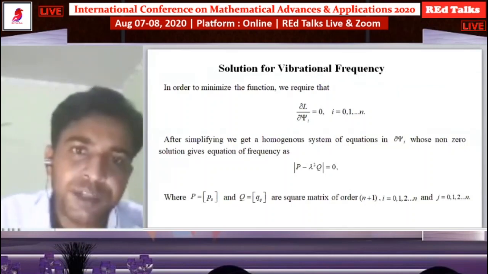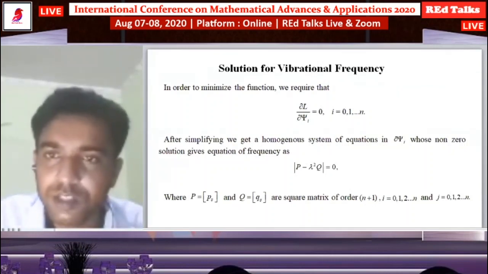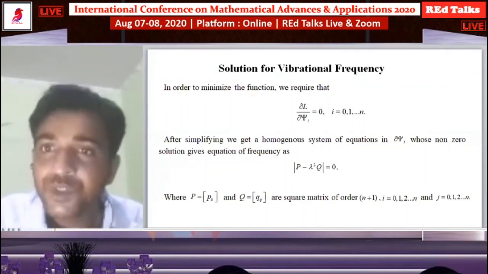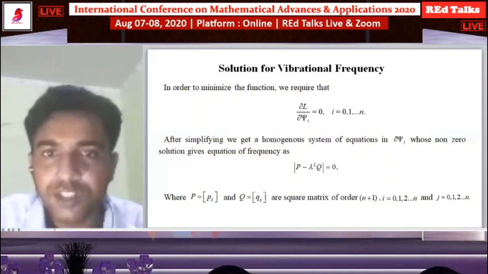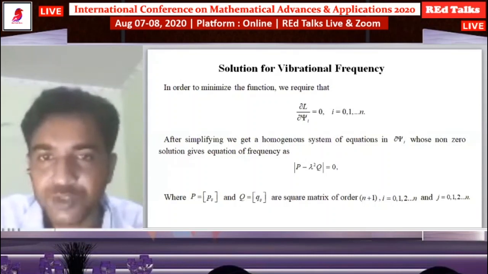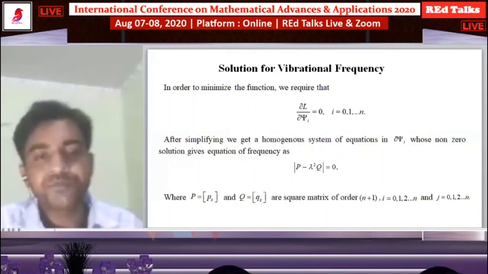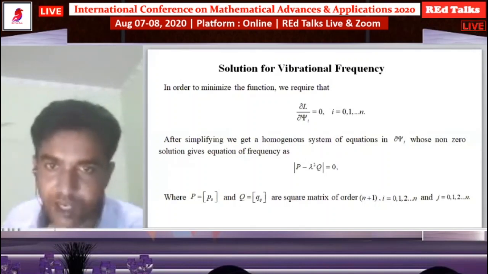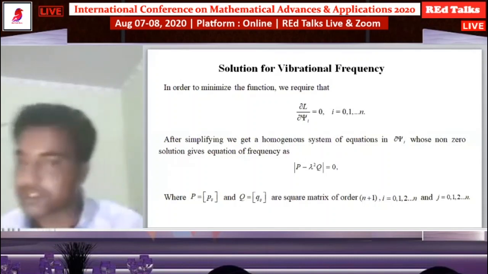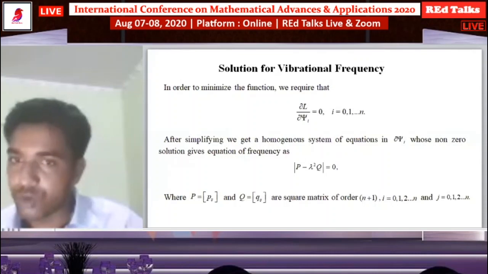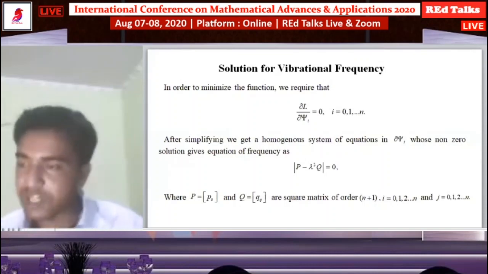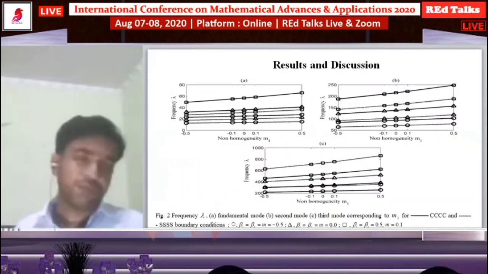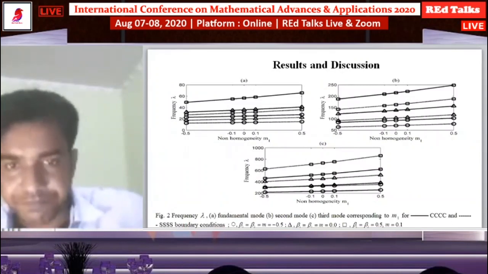After simplifying, we get a homogeneous system of equations in delta psi i, whose non-zero solutions give the frequency equation as mod p minus lambda square q equals 0, where pij and qij are square matrices of order n plus 1, where i and j are 0, 1 to n.